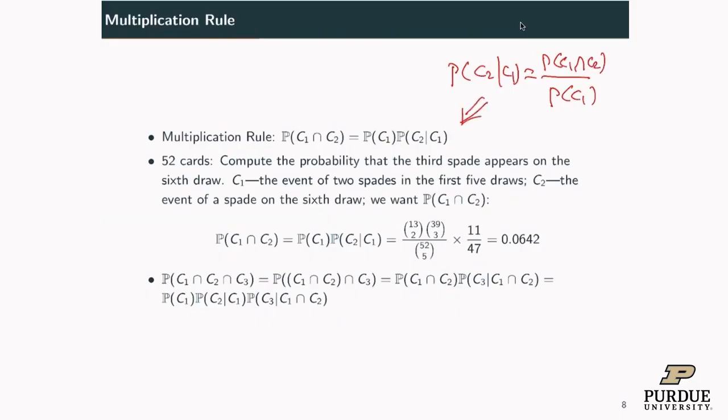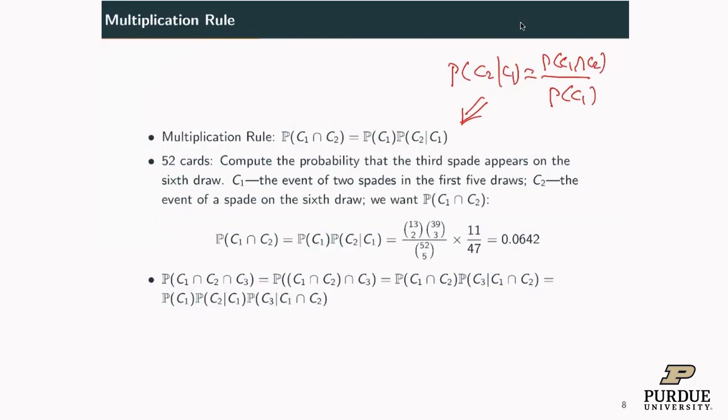Now let's take a look at this example. 52 cards. Compute the probability that the third spade appears on the sixth draw. In fact, this is not an easy problem. Think about it. We can solve it by conditional probability or the multiplication rule.